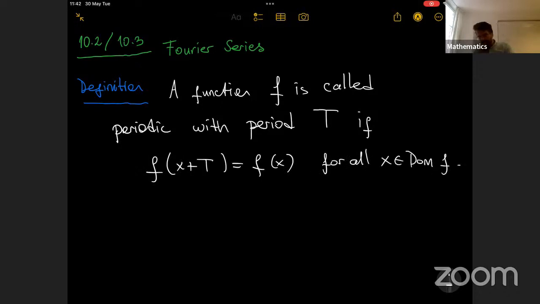Okay. So when you basically shift your function by T units, you will get the same value. Okay.